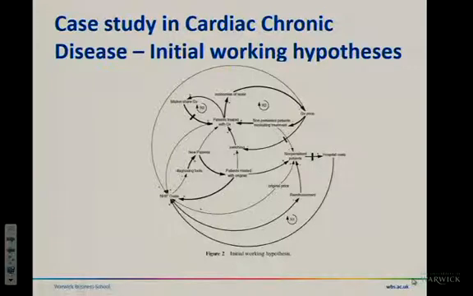The first reinforcing feedback process is related to the patients that, as they are treated with expensive drugs, become non-persistent. Those patients cannot afford those drugs, so they stop taking them. So the non-persistent patients become worse in their health.